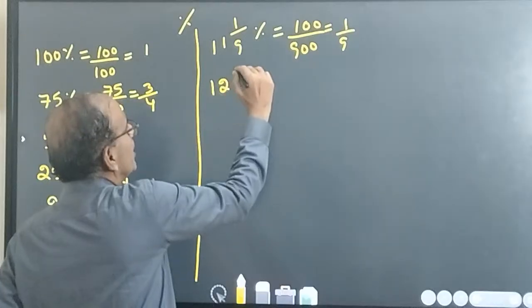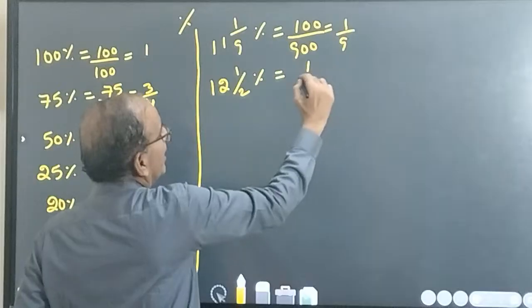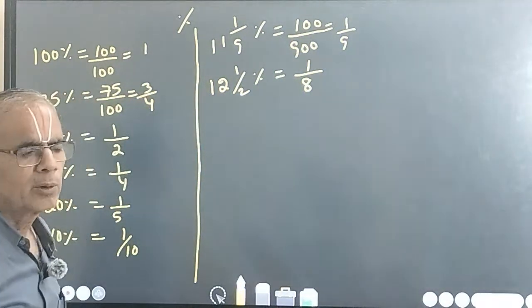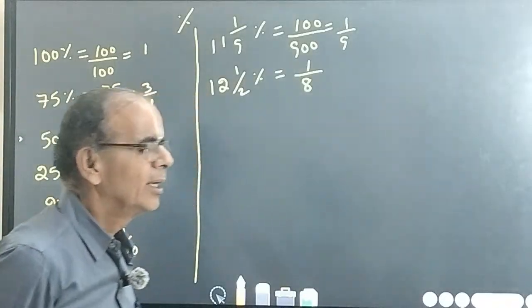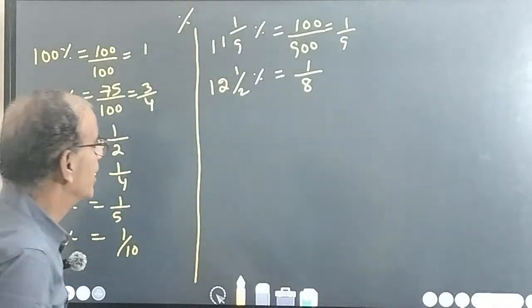Similarly, 12.5 percentage is equal to 1 by 8. 24 plus what? 25. 25 divided by 200, that is equal to 1 by 8.